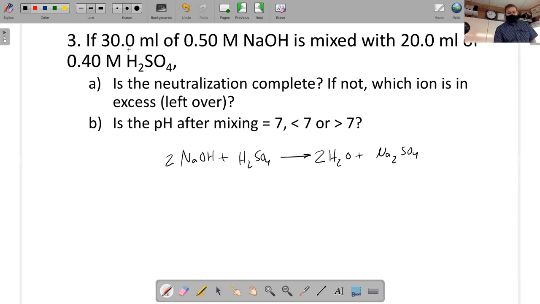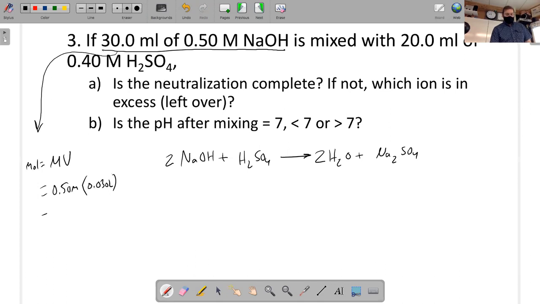I'm going to figure out what molar quantity of sodium hydroxide is in this solution. The number of moles is equal to the molarity times the volume. So I'll take 0.5 molar, and 30 milliliters is 0.030 liters. That comes out to be 0.015 moles.